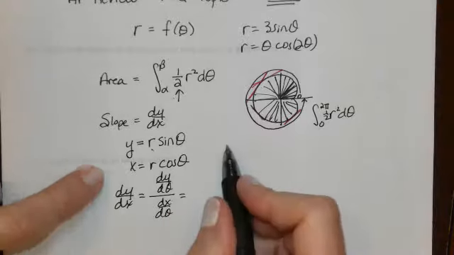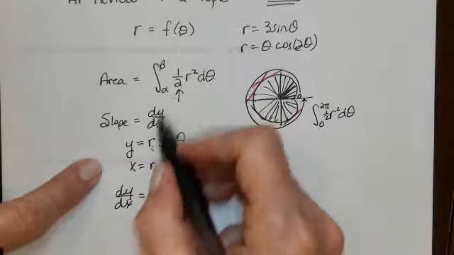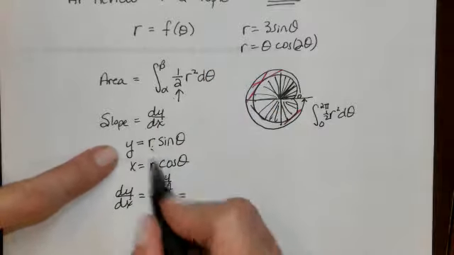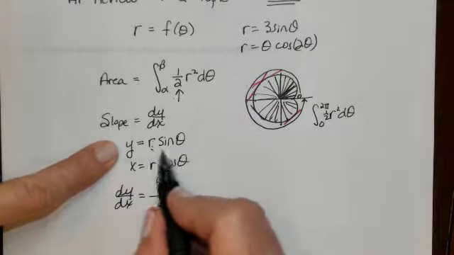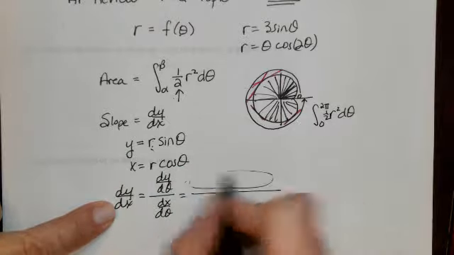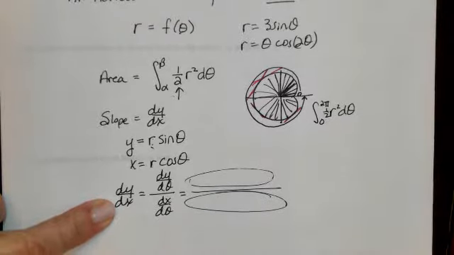And now you can replace r with your function of theta, right? And then you can find dy d theta and dx d theta, and that would give you that. Okay, and we'll be doing that in some examples.